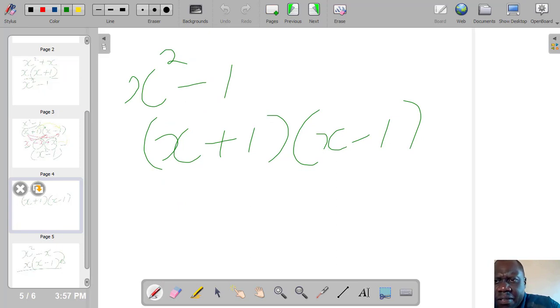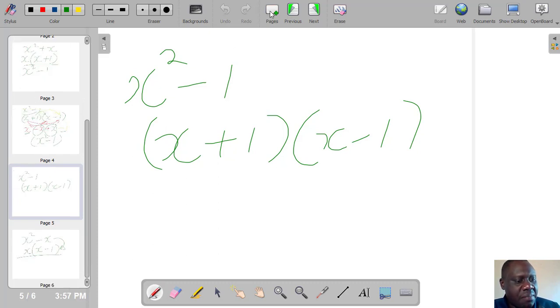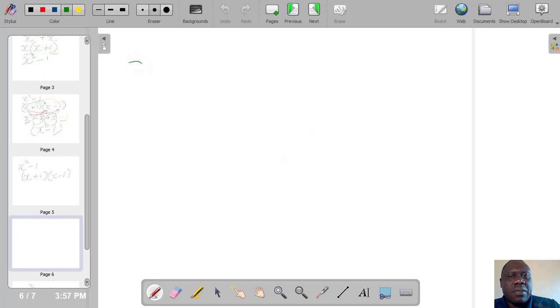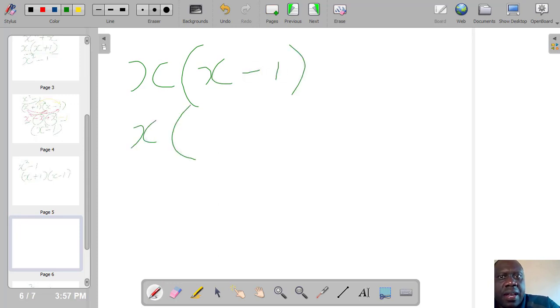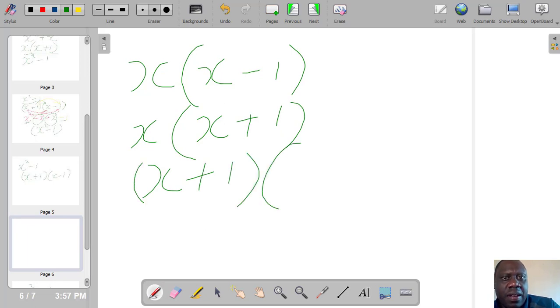And if we look at the factorization of x squared minus 1, we find x plus 1 and then x minus 1. So we're going to write all these three together. We have x in bracket x minus 1. Then we have x into bracket x plus 1. And lastly we have x plus 1 into bracket x minus 1.